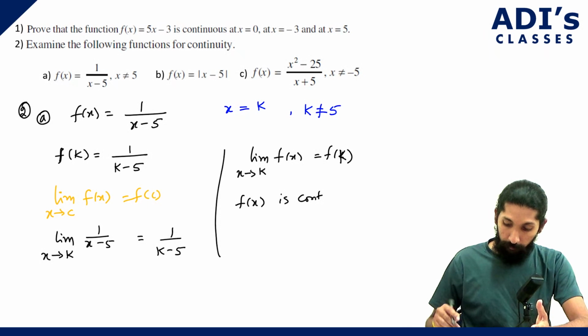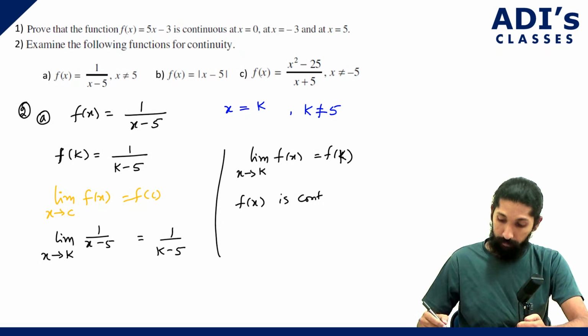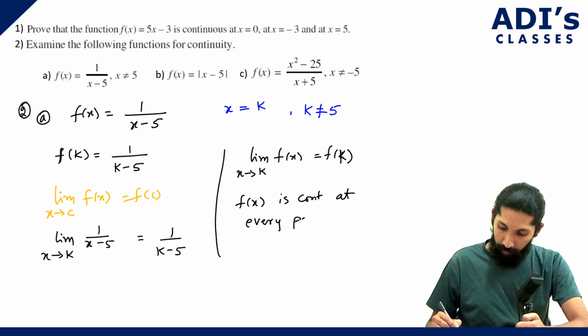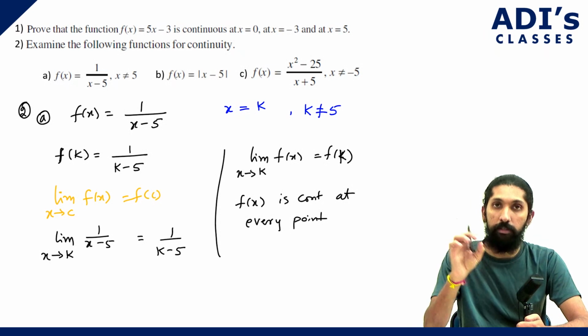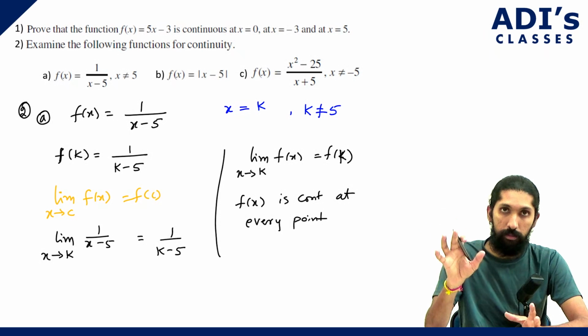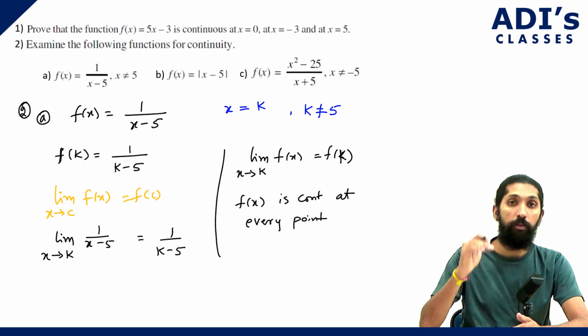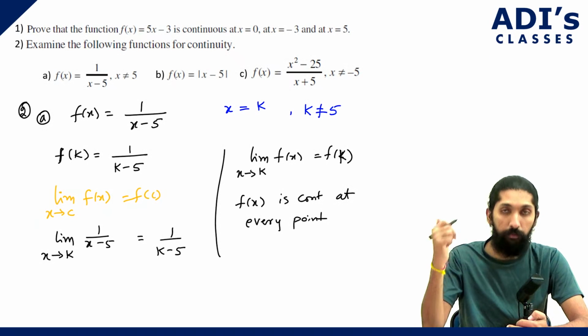So f of x is continuous at every point, except which point? x is equal to 5. Understood? So this is how we discuss the continuity of this particular function.